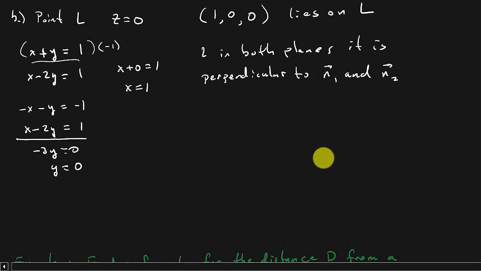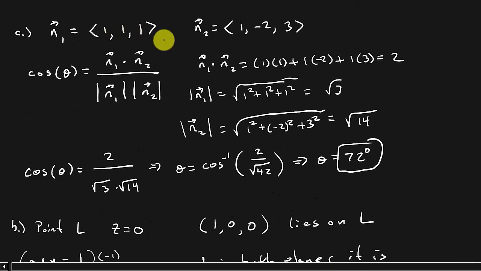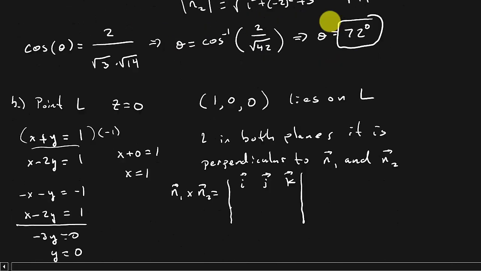All right, so let's see. I'm going to do the cross product of N1 and N2. I didn't leave myself a lot of room in this video, did I, to work the problems. So all I'm going to do is take N1 and N2 and write those down there.